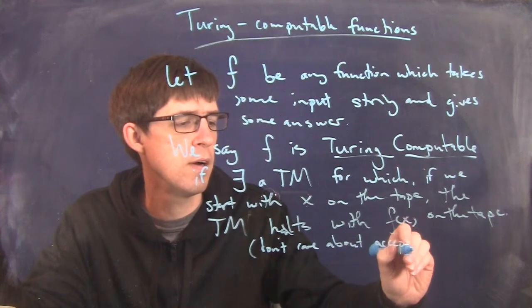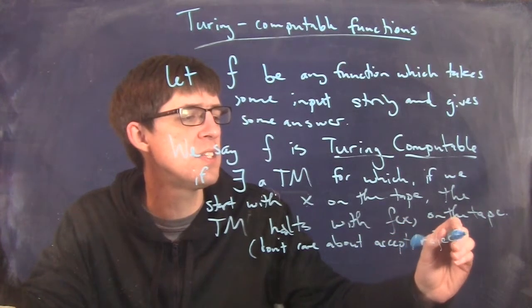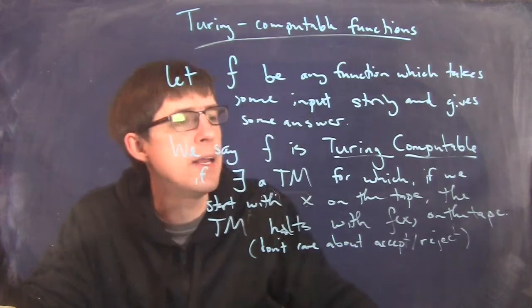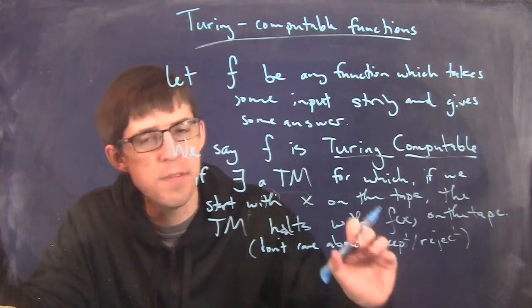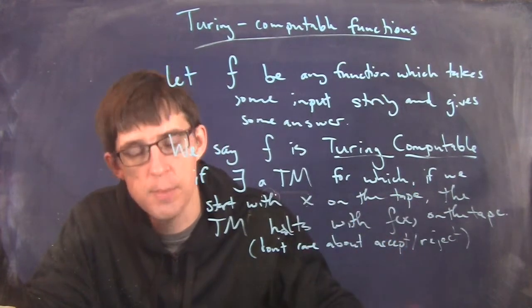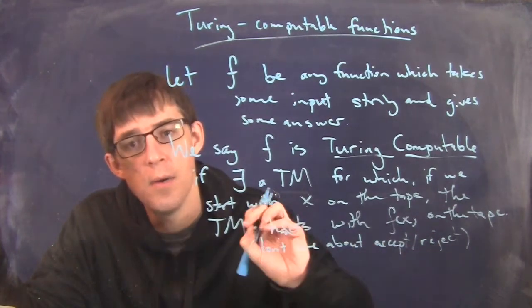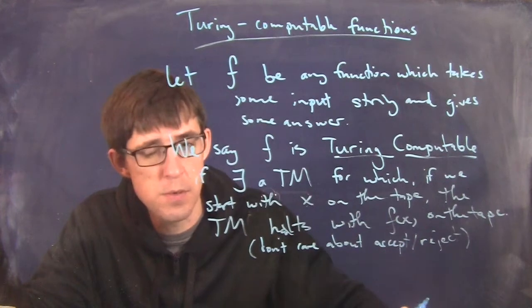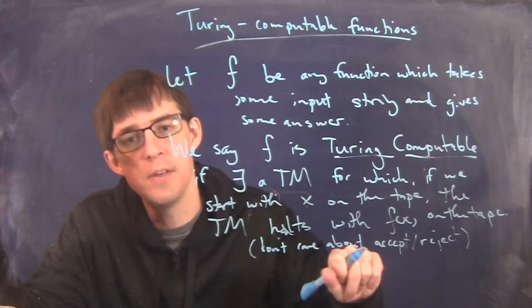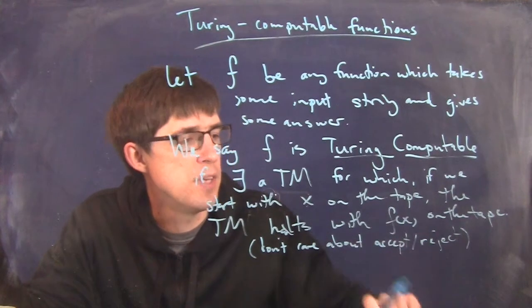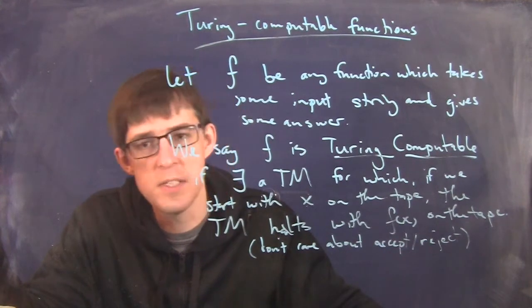We just care about what it says on the tape when the machine stops its computation. Turing computable means it is possible to make a Turing machine that, when you plug some number in as its input string, does a bunch of stuff and then finishes with the answer f of x sitting on the tape.